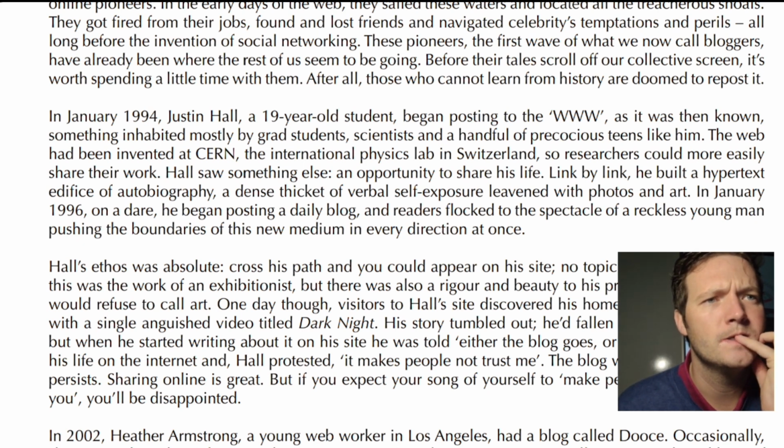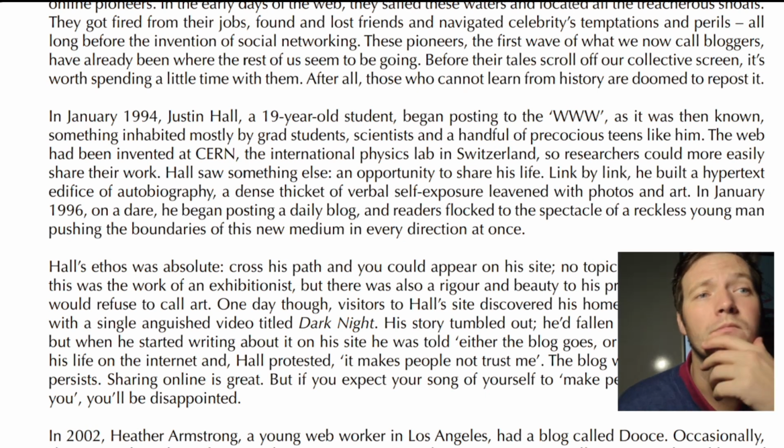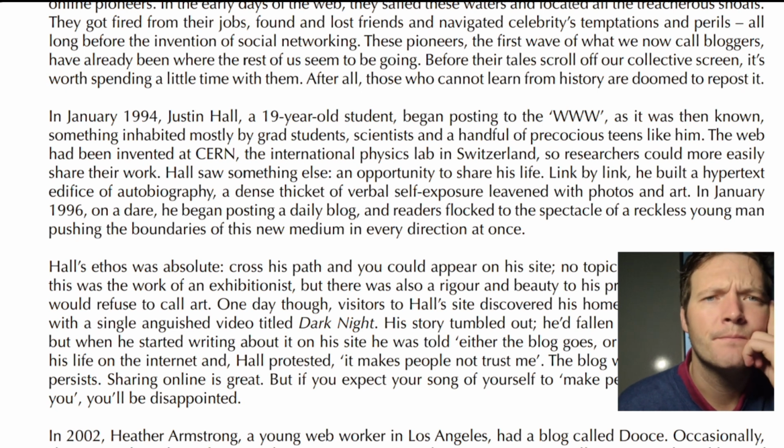Okay. I guess if he's calling him precocious, that could be a suggestion, but I don't know. We'll see. The web had been invented at CERN, the International Physics Lab in Switzerland.